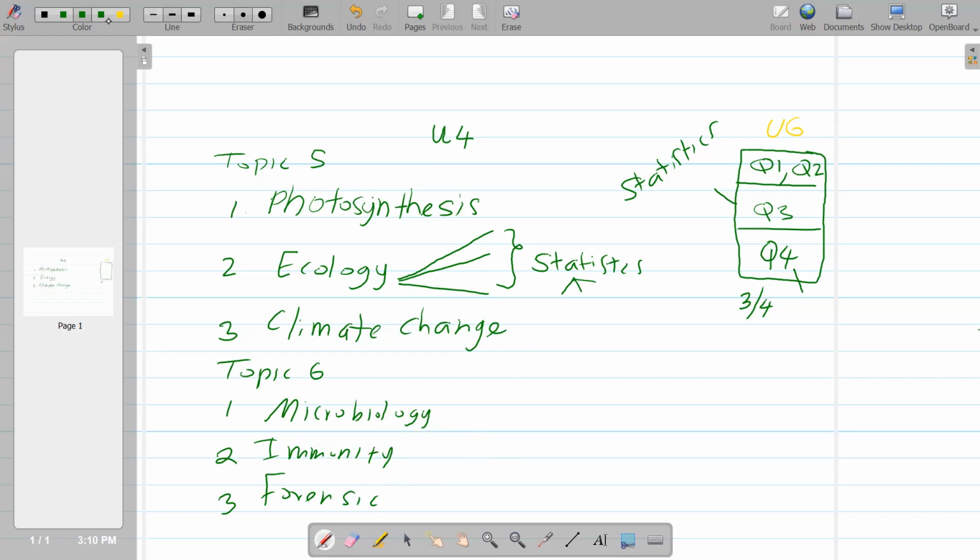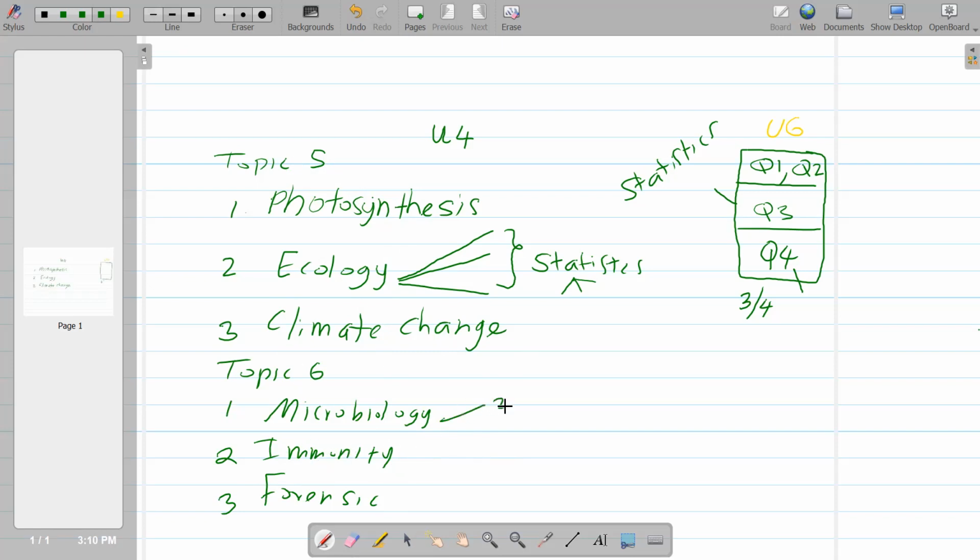Okay, then another important thing, when you finish these 6 lessons, there are about 4 practicals which come under topic 5 and topic 6.